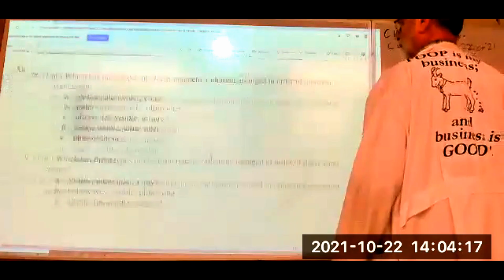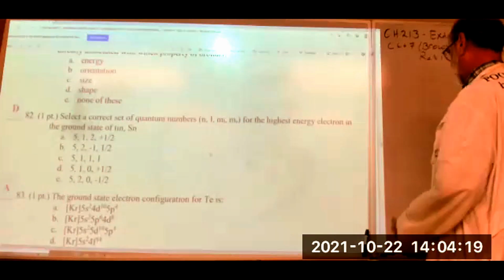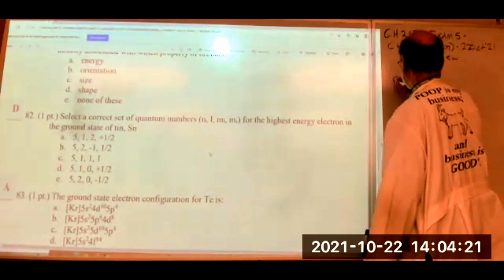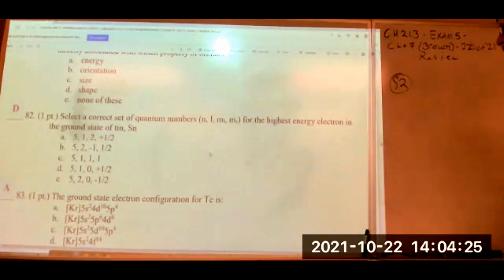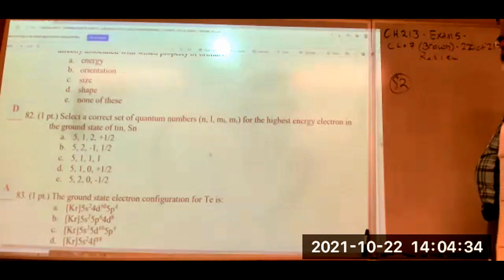82. There it is. Select a correct set of quantum numbers for the highest energy electron in the ground state of tin. Okay. Tin.